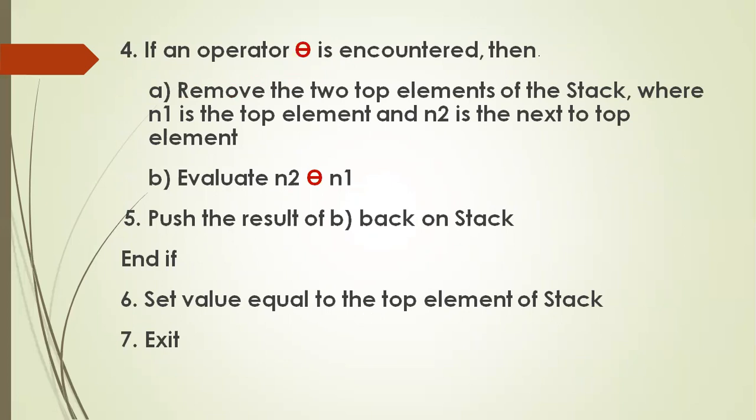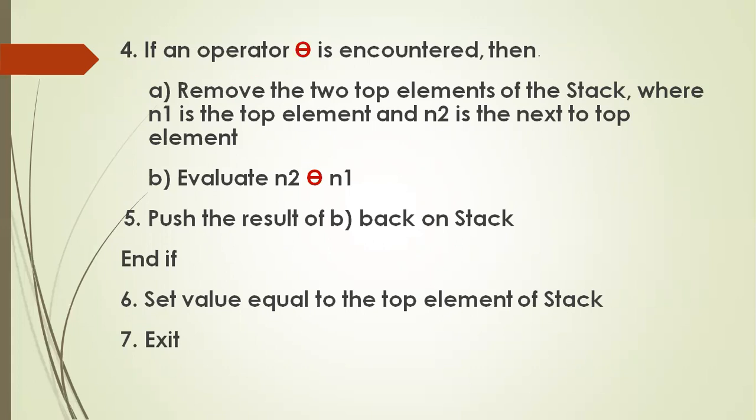The first time, the top element is removed, which you call N1. Once again you pop the next element, which you call N2. Then whatever operator you have come across, you apply it between N2 and N1. You get some result, and you push that result back onto the stack. Finally, your stack will be left with one value. That will be the value of your arithmetic expression. Finally, set the value equal to the top element of the stack, and exit.